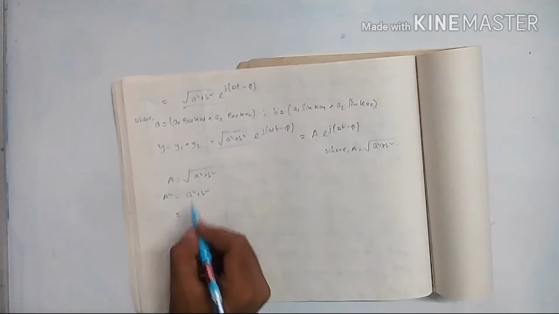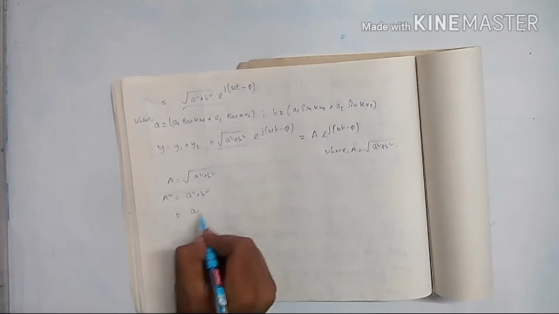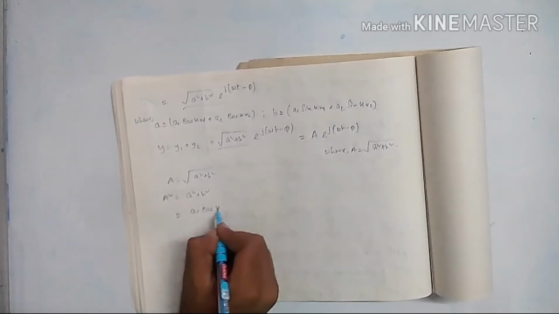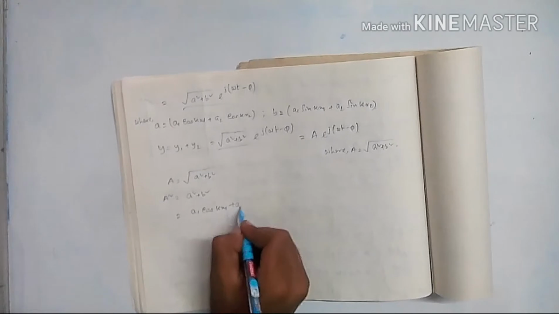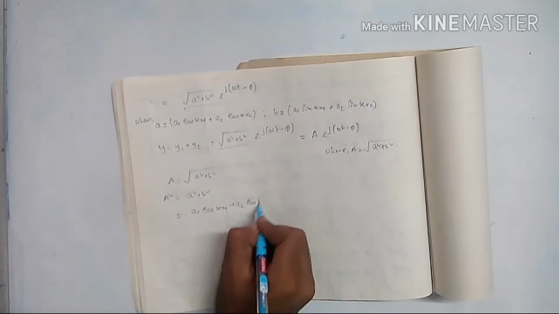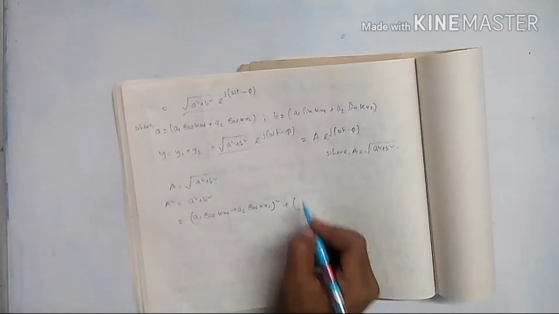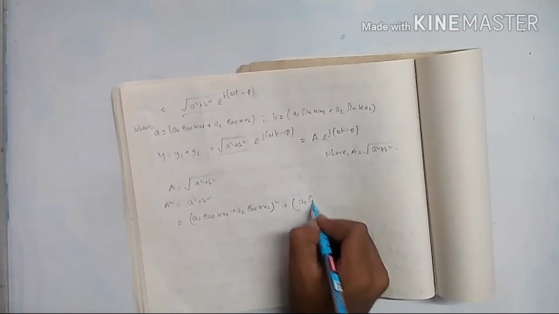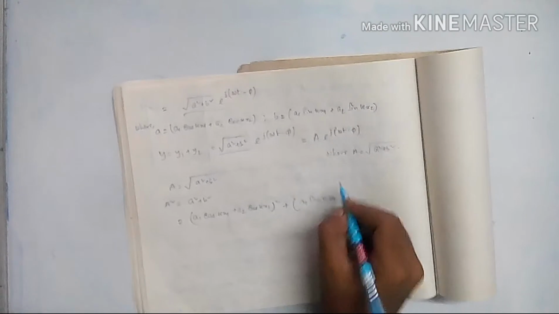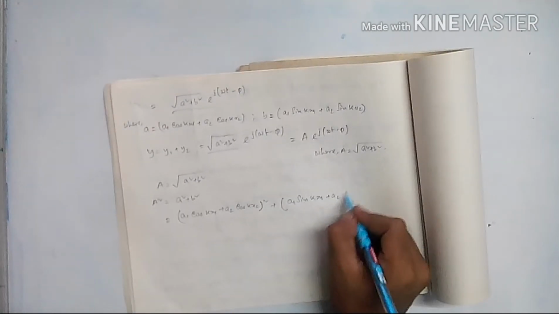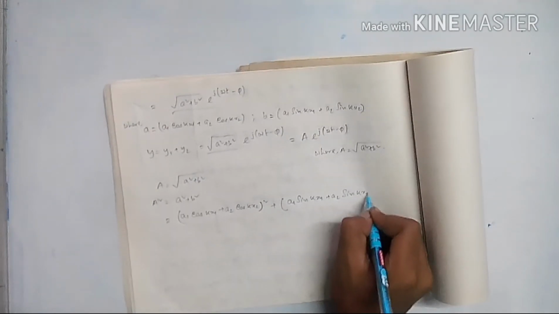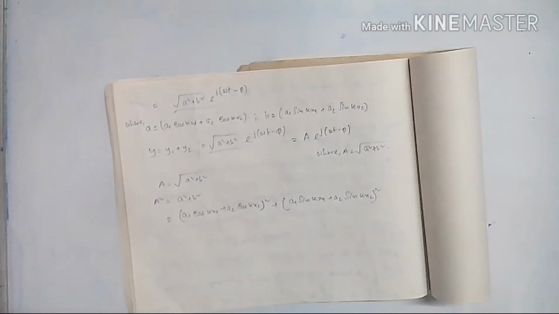Now put the value of a and b: (A1 cos kx1 plus A2 cos kx2) whole square plus (A1 sin kx1 plus A2 sin kx2) whole square.